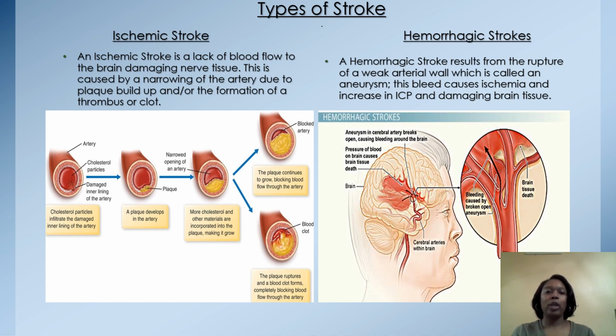So in both instances, the brain tissue does suffer impairment of oxygen and nutrients, and death is usually a result of this brain tissue being deprived of the oxygenation as well as the vital nutrients such as glucose that is needed. And then there's also a buildup of lactic acid and other waste products due to the injury to the brain tissue.